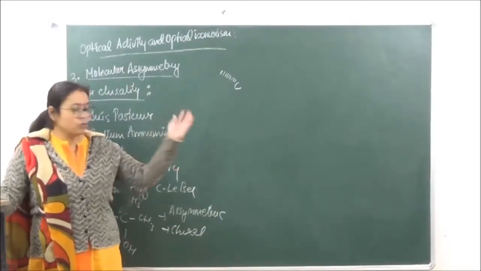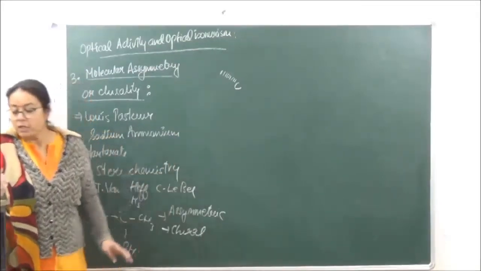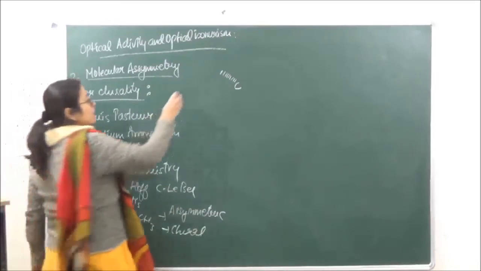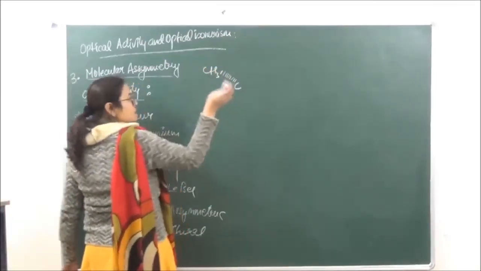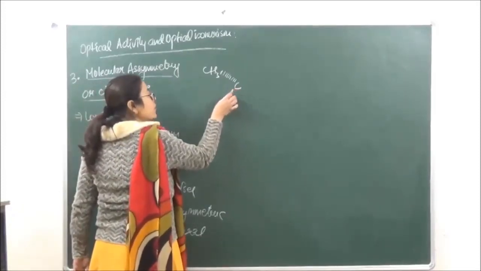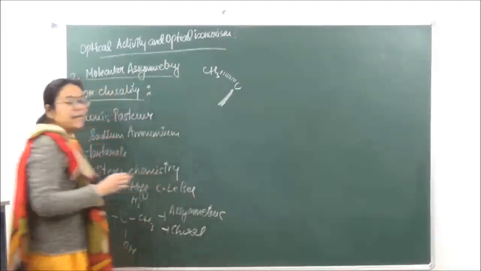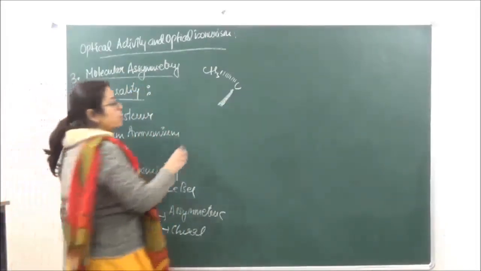One is going to go backwards and one is going to point towards you. Okay? So what we are showing with a dotted line, that is going behind the board, and the one which we are going to show with a bold line over here, that is going to point towards you.